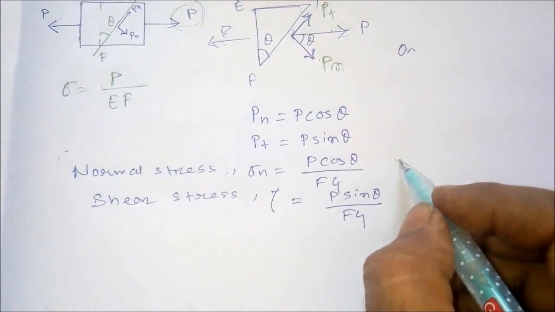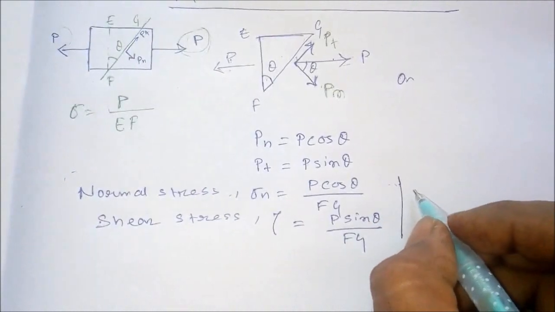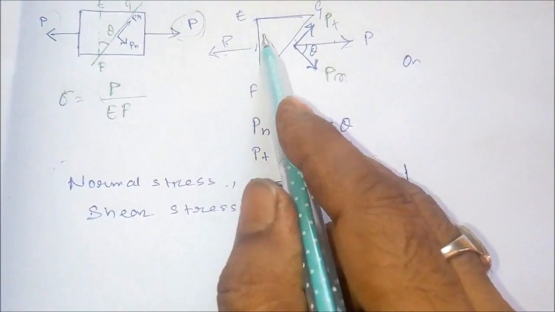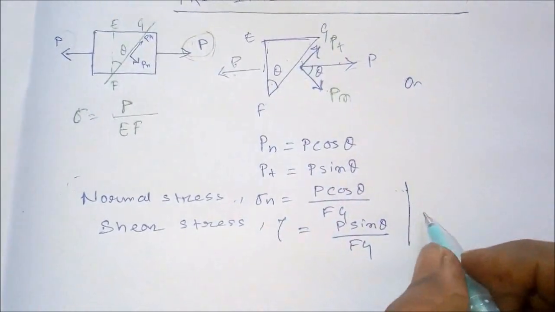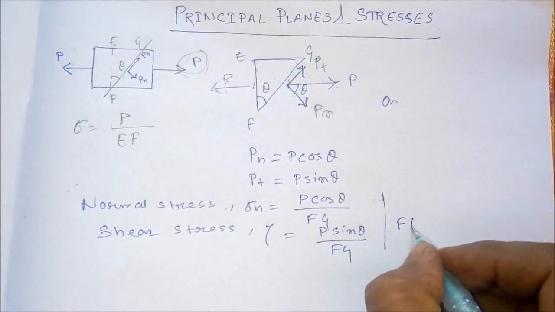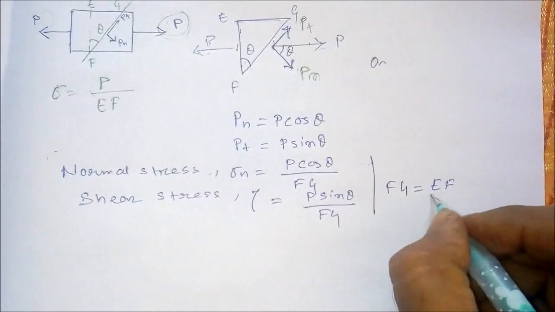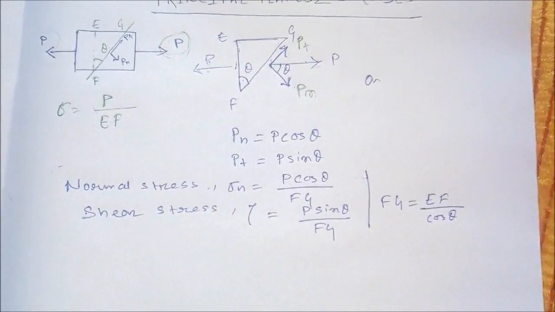Now, what is the value of FG with respect to EF? In this particular triangle, we can get a relation between EF and FG, that is FG will be equal to EF divided by cos theta, right?